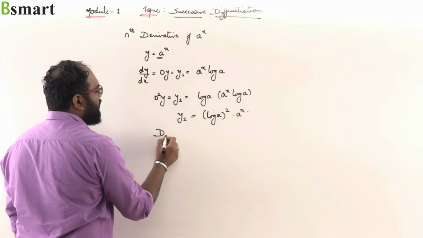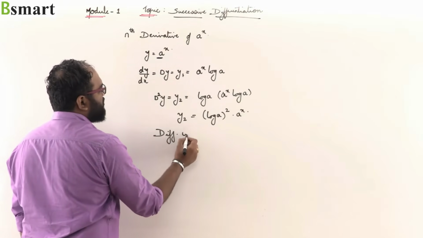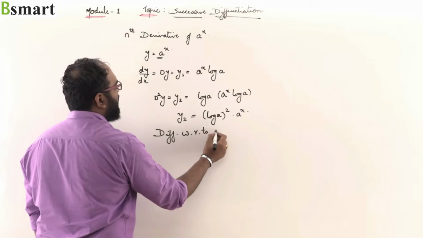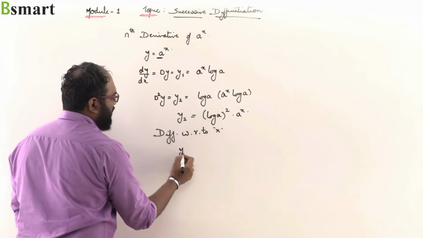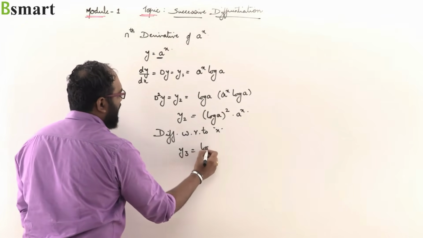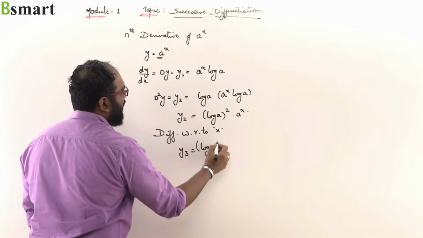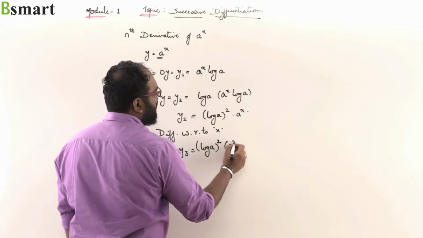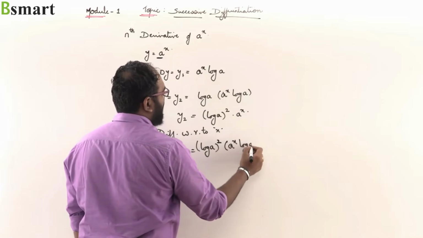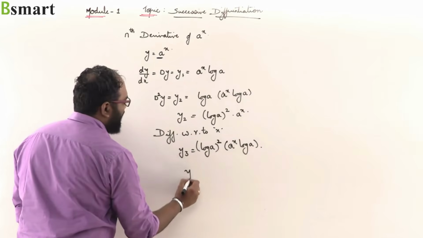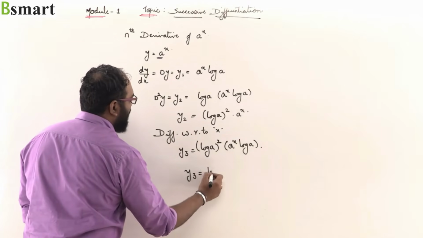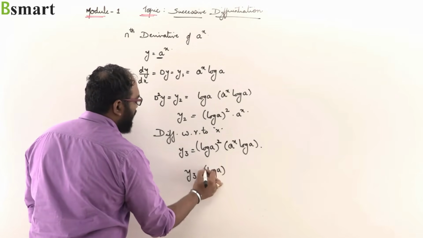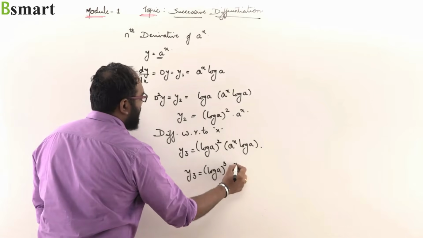Now again, if we differentiate with respect to x, then y3 is equal to log a whole square into the derivative of a to the power x, which is again a to the power x log a. So y3 can be written as log a whole cube into a to the power x.